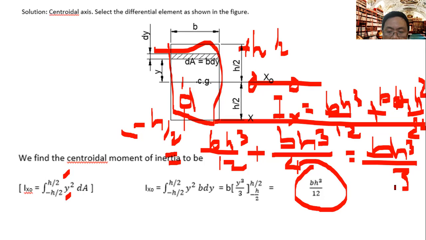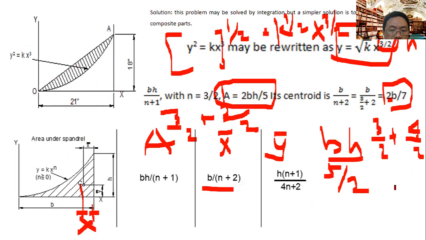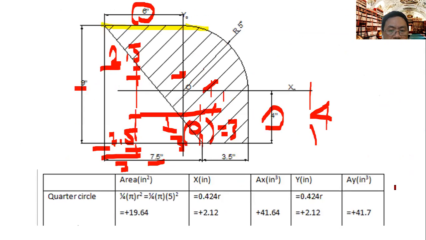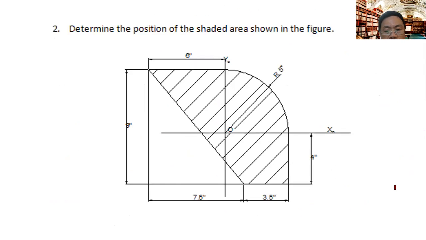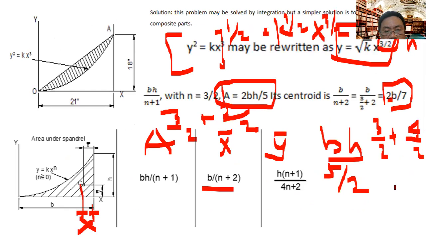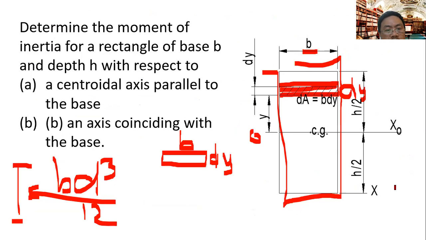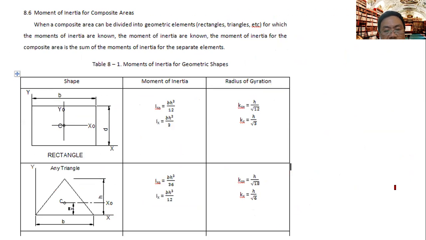If you remember, in our previous formula for moment of inertia, it's in the next slide. See, the moment of inertia for the rectangle at x is bh cube over 3.